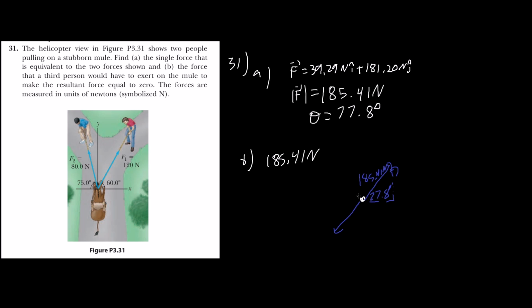So I think you could do, you would have to pull in this direction. So that's going to be a negative in the x and y, in the negative downward direction. So that means that you're going to take 180 added to whatever that angle is.